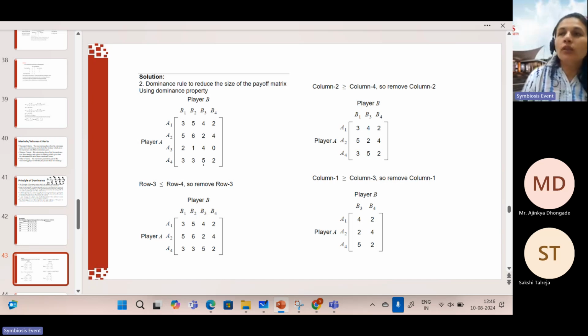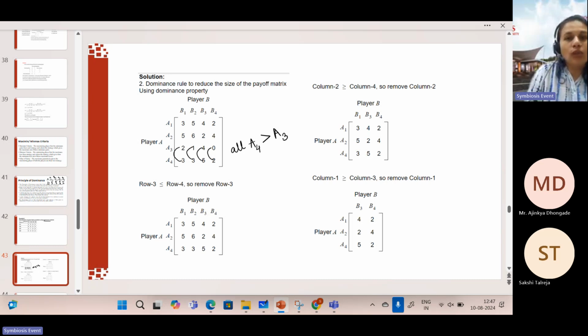Let's go for the third row and the fourth row. 3 and 2, 3 and 1, 5 and 4, 2 and 0. So yes, all the values of my A4, the fourth strategy, are coming strictly greater than those of A3, right?